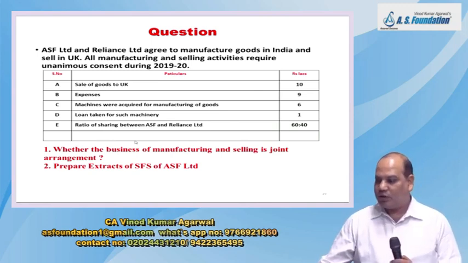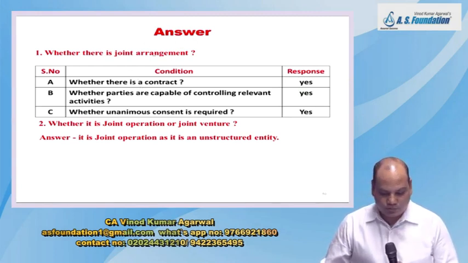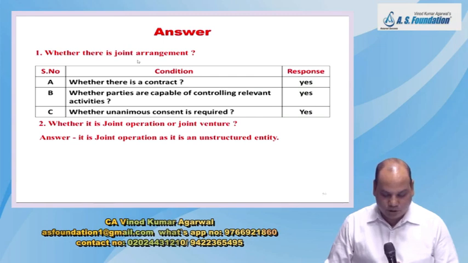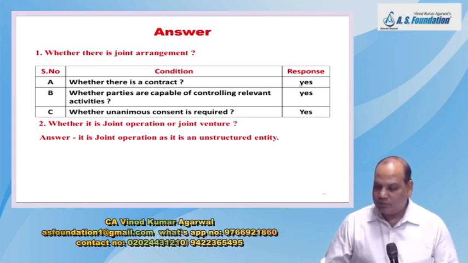So is the first answer yes? Yes, but we'll write it properly. So write down the answer in your notebook. On a fresh page write the name of the standard, IFRS 11 Joint Arrangement. Question number 5. First answer: whether this is a joint arrangement. I will check the conditions and then write the response.